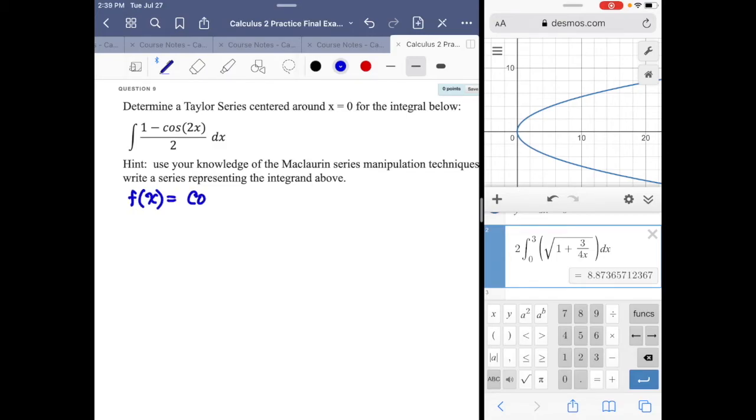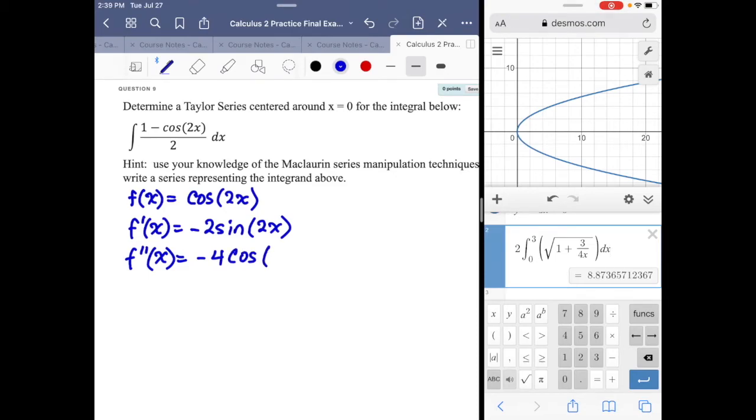We'll just call that f of x. f prime of x is going to be negative 2 sine 2x. f double prime is going to be negative 4 cosine 2x. f triple prime is going to be positive 8 sine 2x.